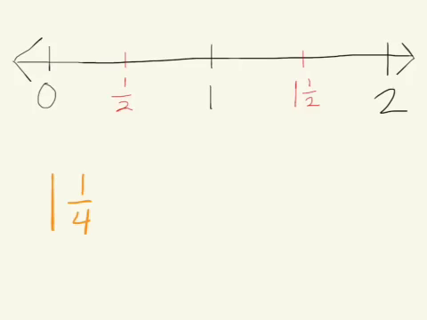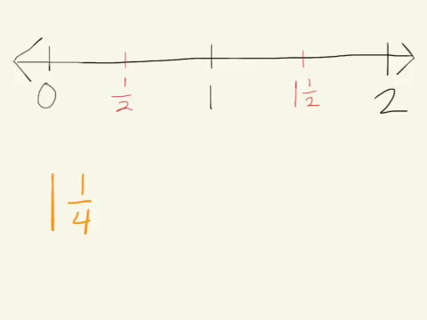Okay, let's get going with some actual fractions here. Let's try 1 1/4. Where would we put that on a number line? Well, we know it's greater than 1, so we know it's going to be past here. We also know it's less than 2, so it's going to be somewhere in between 1 and 2. Now we have to decide which whole number it is closest to if we are rounding to the nearest whole number. Well, I see halves here but fourths here.